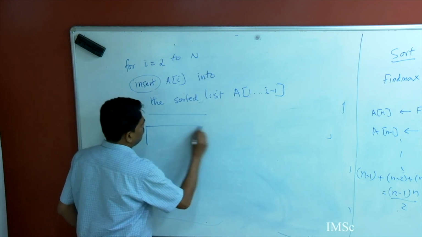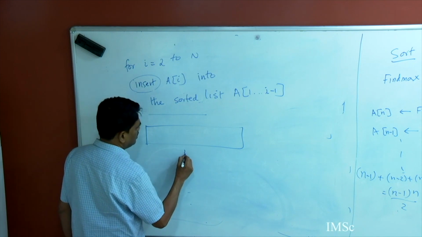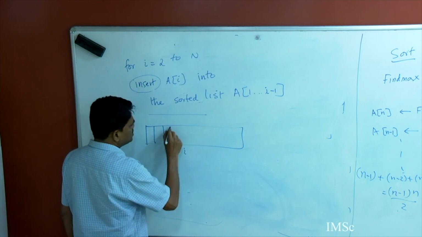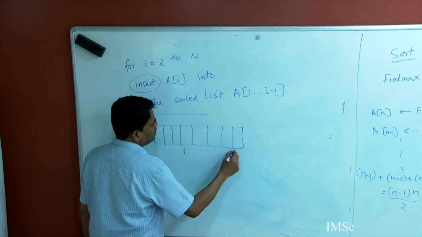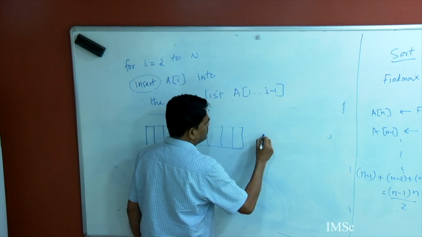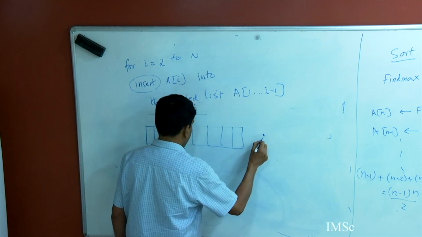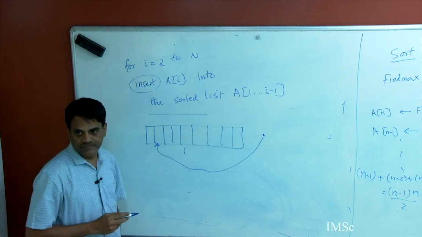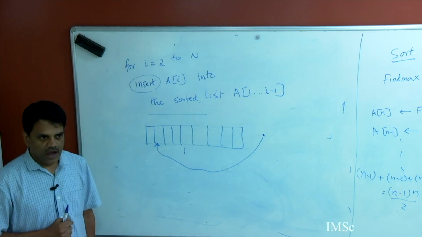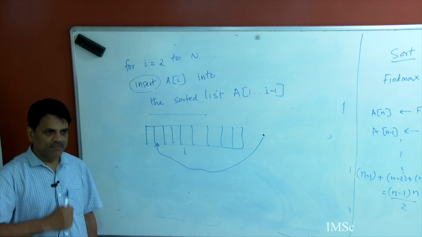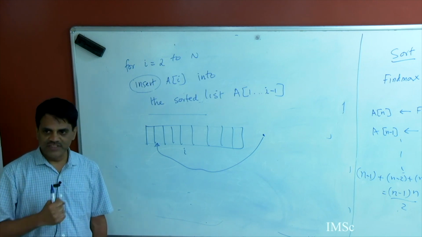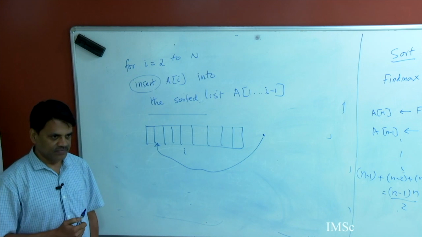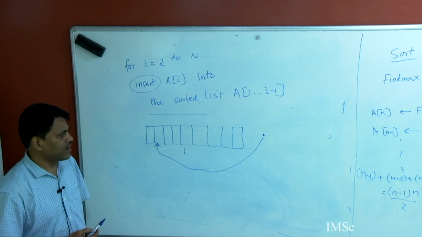Let's say I have this thing of i elements sorted. Now my next element comes. I do a binary search and let's say I'm going to insert it here. How do I actually implement the physical insertion in the array?